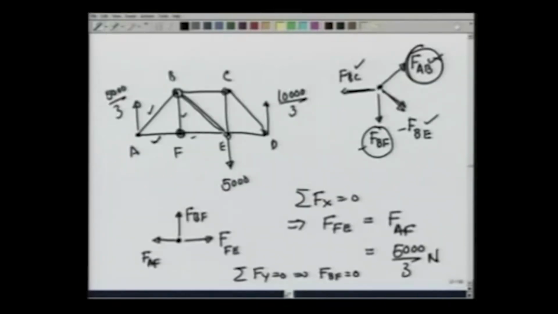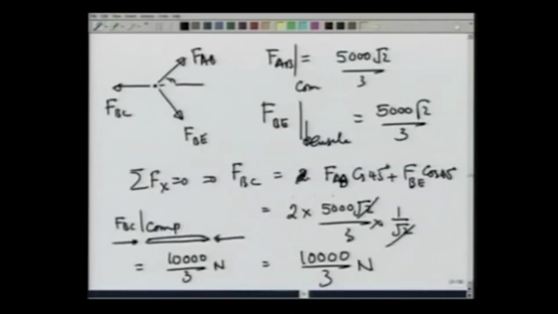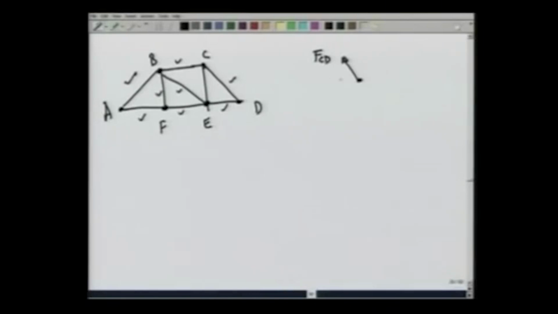FBC was calculated to be 10,000 over 3 newtons, and it was compressive. So FBC was compressive and therefore, it will push point C in this manner. FCE is what we want to calculate, and these are the three forces under which the system is in equilibrium.